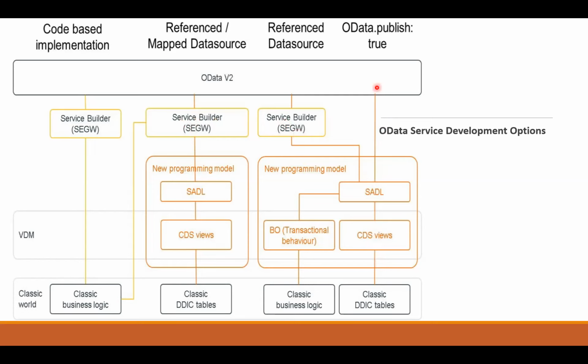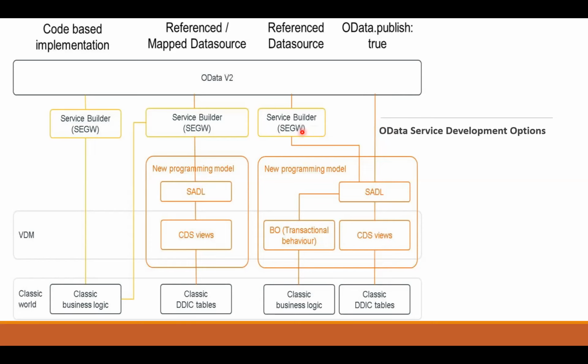But even in this OData.publish, this can be a transactional application as well. But we will always be dealing with one parent entity in this case. When we choose OData.publish true as a transactional application, we will be dealing with one parent entity.